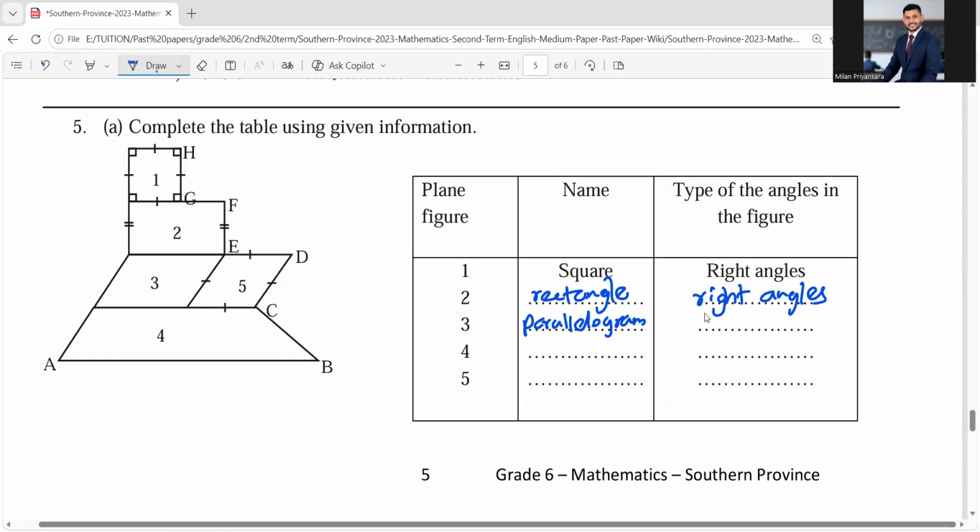Type of the angles in the figure, acute and obtuse angles. So you can see now, if you take this one, this is an acute angle. These two are acute angles, and these two are obtuse angles.